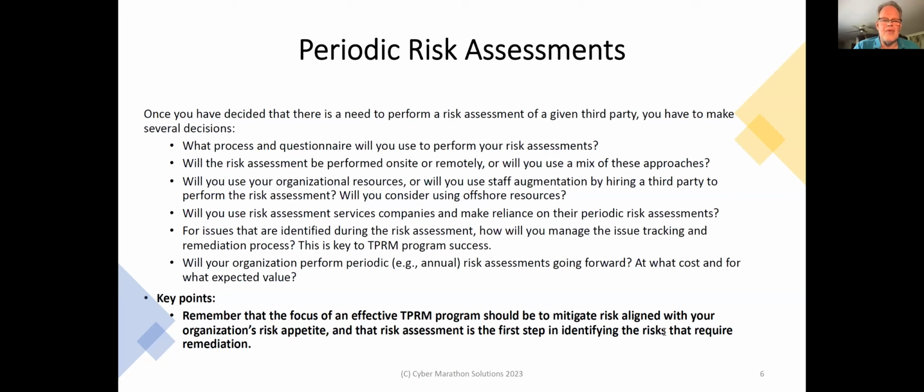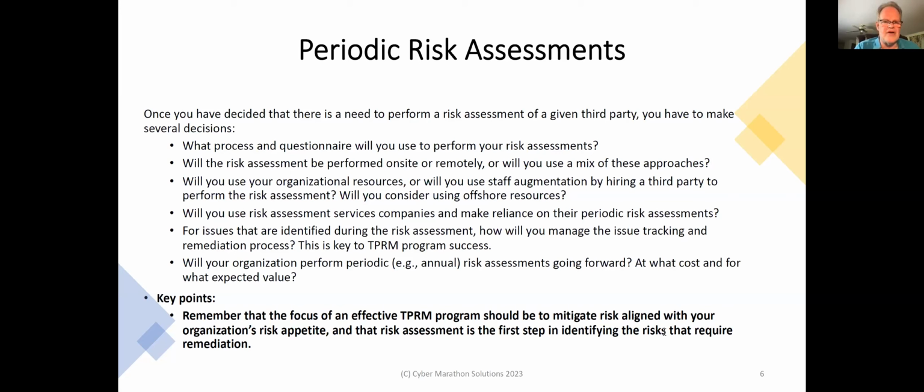And then moving on from there, what's really the core to any third party risk management program from my perspective is for the issues that are identified during the risk assessment, how are you going about managing the issue tracking and remediation process? Because we don't assess just for the sake of assessing.